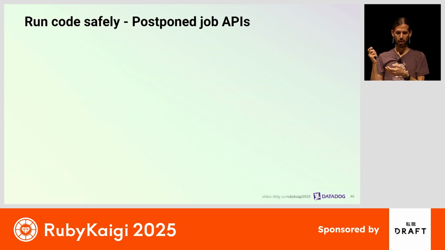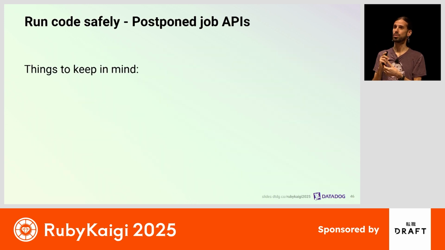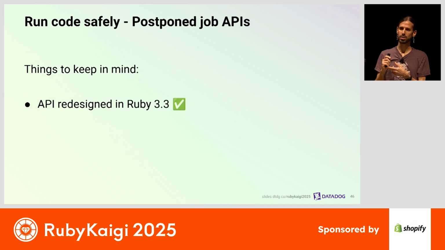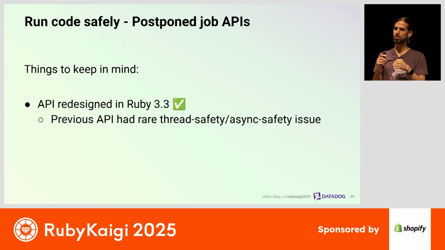Okay, so things to keep in mind when you use the postponed jobs API. This API became very different in Ruby 3.3, so it got redesigned. If you want to use it on an older Ruby, it's still there, but we found out that there's a very difficult to solve design problem in the old version of the API, and that's why the API got redesigned.